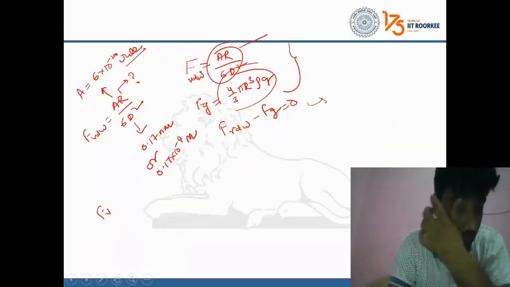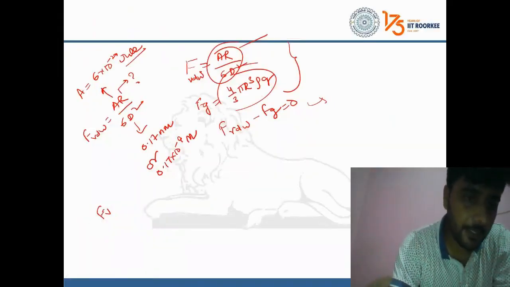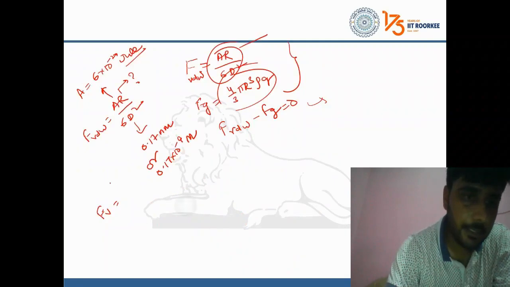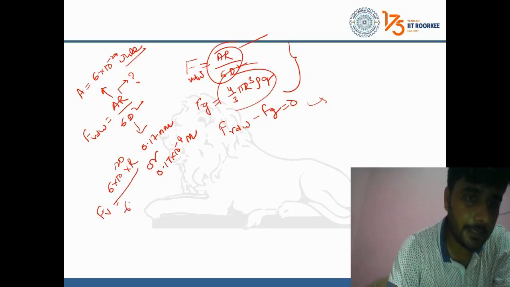the van der Waals force of interaction will be, you have to put the value of Hamaker constant, 6 times 10 raised to minus 20 R divided by 6 times 0.7 times 10 raised to minus 9 square.